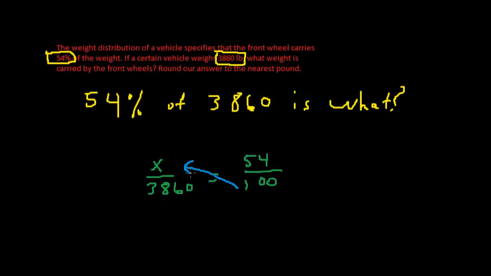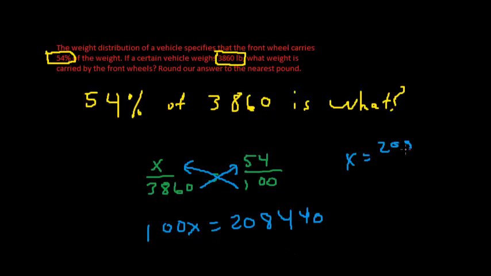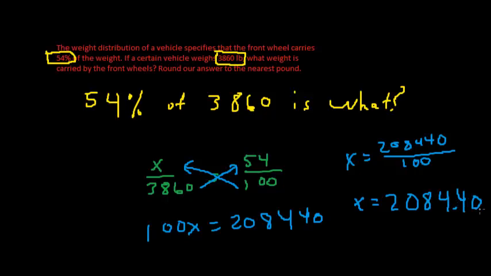So we cross multiply 100 times x, 100x, and 3,860 times 54, 208,440. So we see x is equal to that 208,440 divided by 100. So x equals 2,084.40.